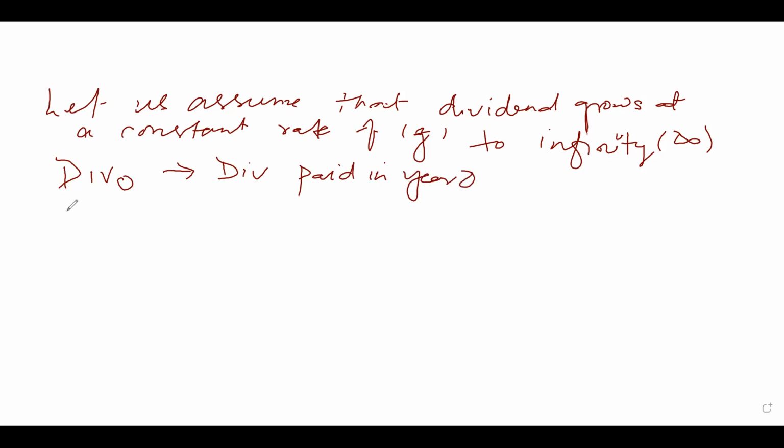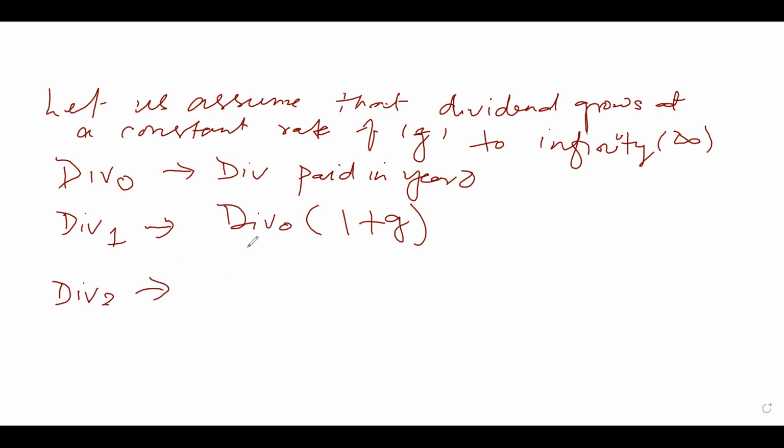the starting year. So the dividend after 1 year will be Div 0 growing at growth rate 1 plus g for 1 year. Similarly, for the second year, the growth rate will be this.